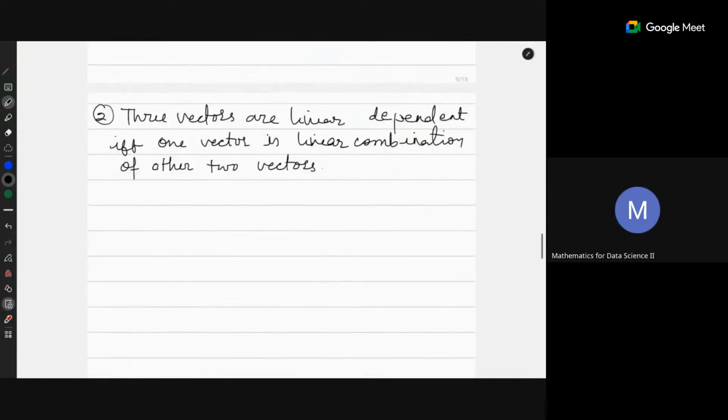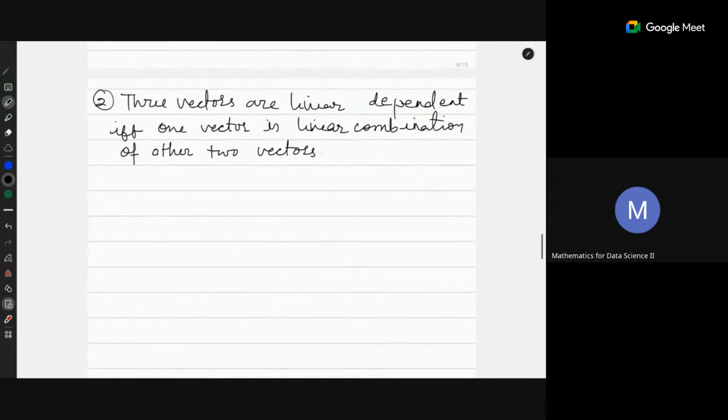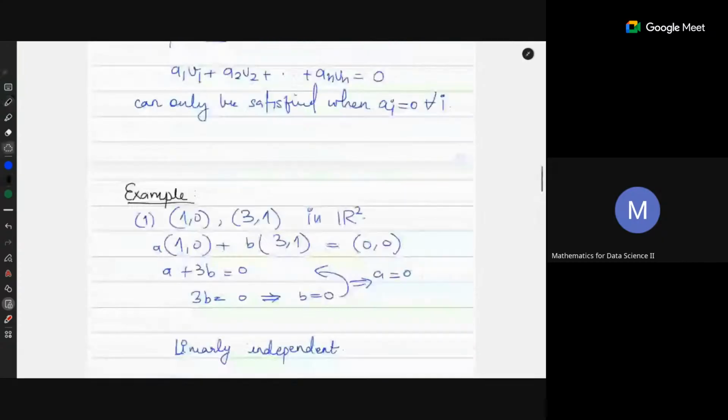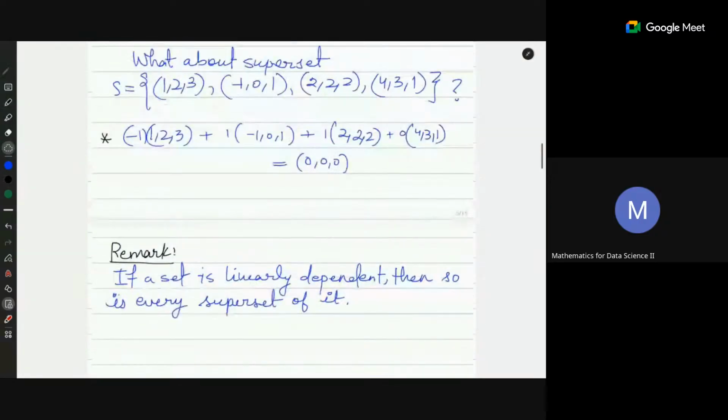All right. Now we have already noticed that three vectors are linearly dependent if and only if one vector can be written as a linear combination of the other two vectors. So let me take that example from the top to the bottom.